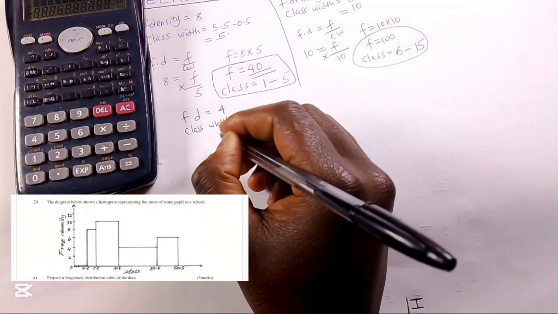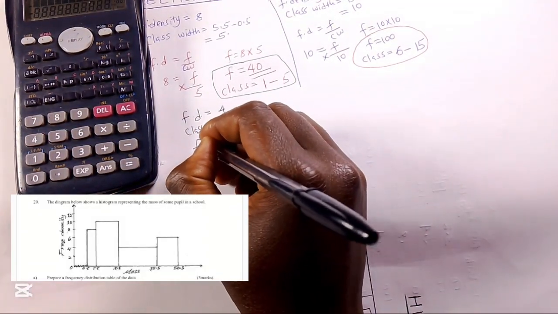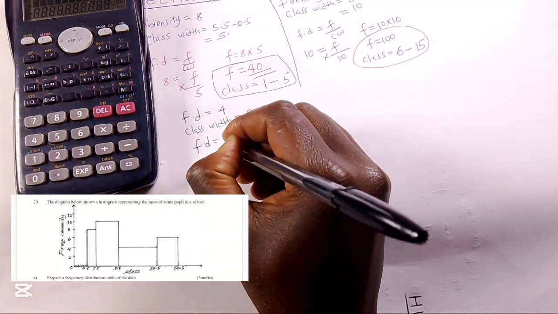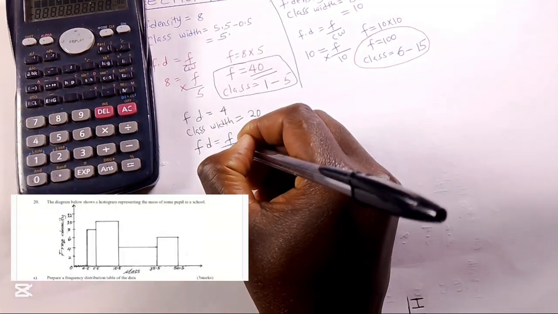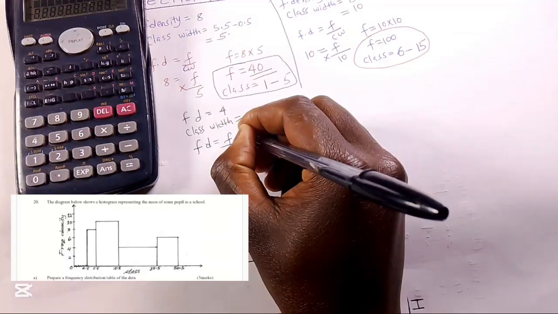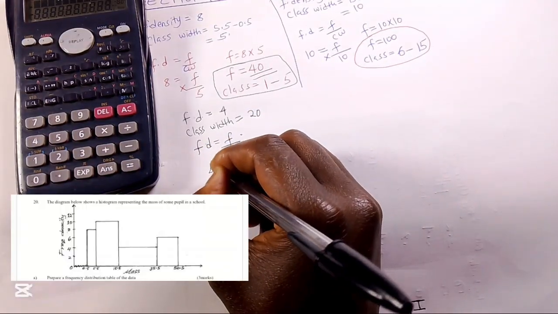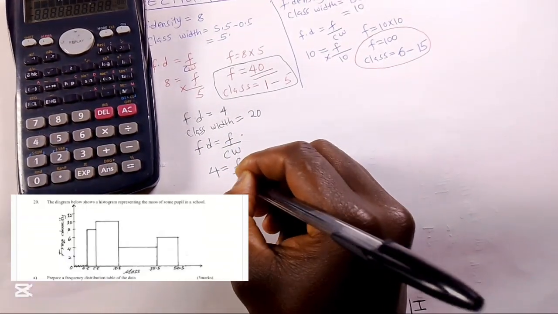Frequency density is equal to frequency over class width, so our frequency density, which is 4, is equal to frequency over 20.